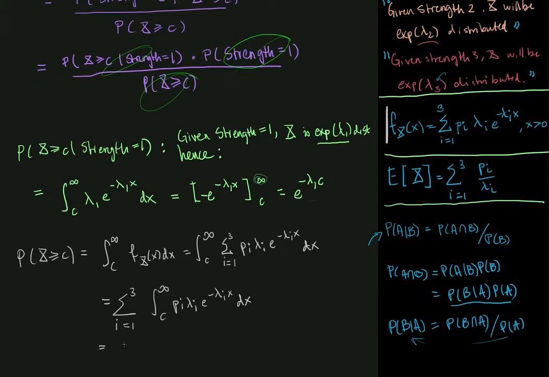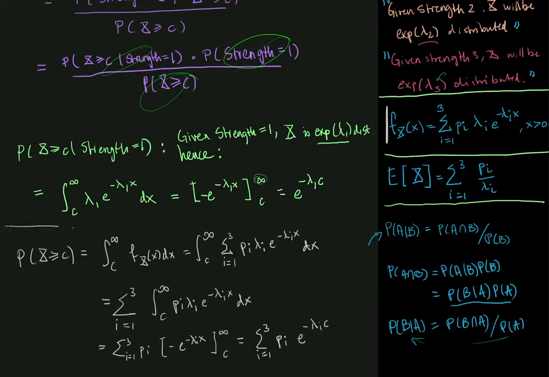And this gives me the sum from 1 to 3, and I can just take pi out of the integral here, and then when I evaluate the integral, I get the antiderivative minus e to the minus lambda i multiplied by x. I have infinity in the upper bound and c in the lower bound, and this will give me a sum from 1 to 3 of pi multiplied by e to the minus lambda i c as such.